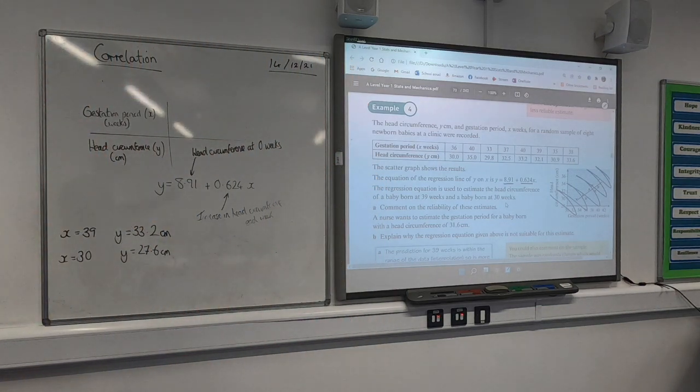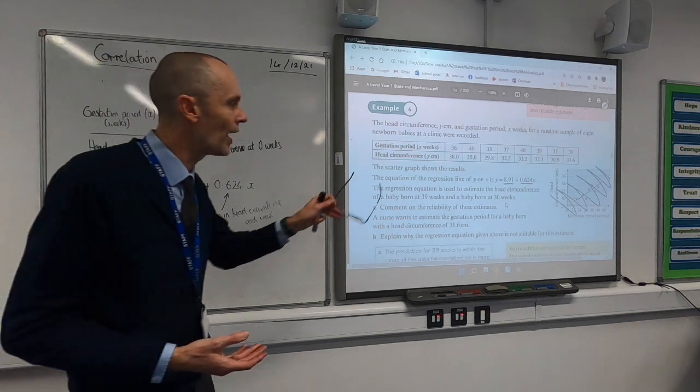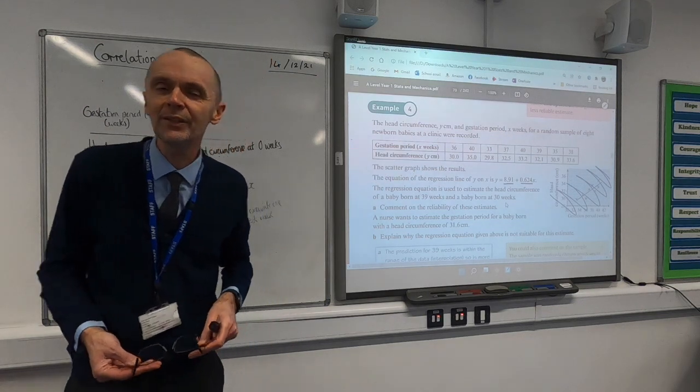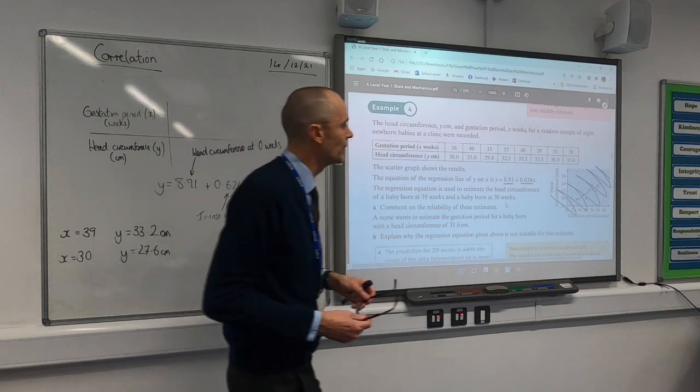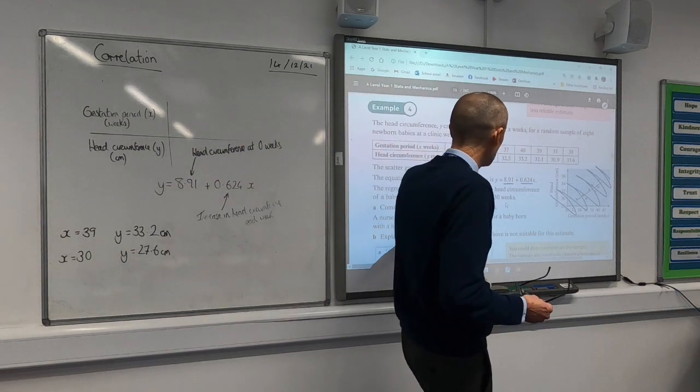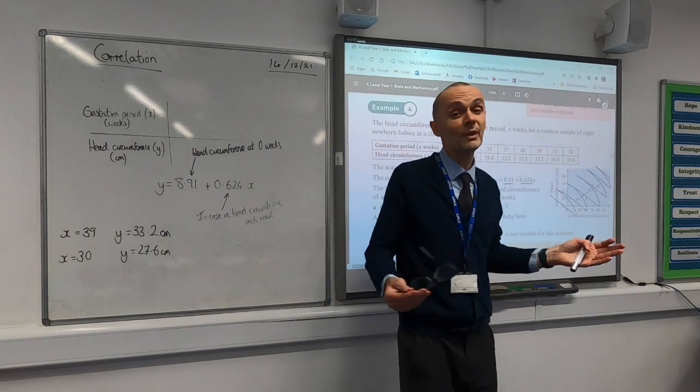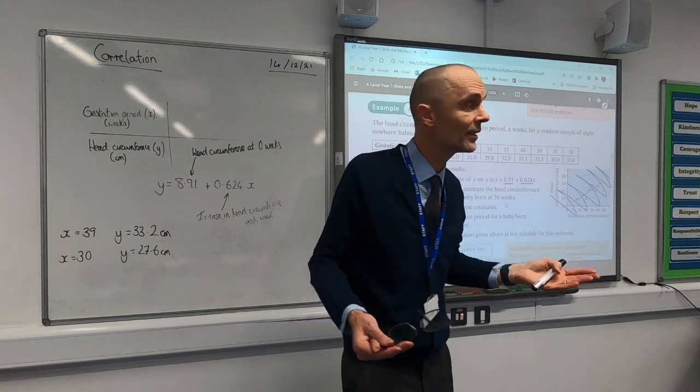Okay, yes, so certainly going back to 0 would be pointless. But what about these two predictions in particular for 39 for 30 weeks? 30 is outside the range. Yeah, absolutely. We haven't got any data anywhere near 30 weeks. So although it looks like there's a linear correlation in this range of values, we've no idea what happens around 30 weeks.